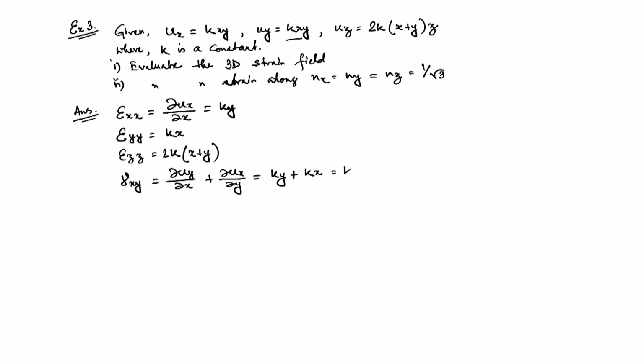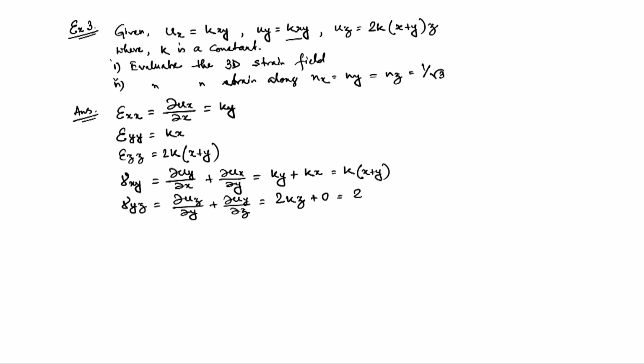So, this is k times x plus y. Similarly, gamma yz is, so we have twice kz plus 0.